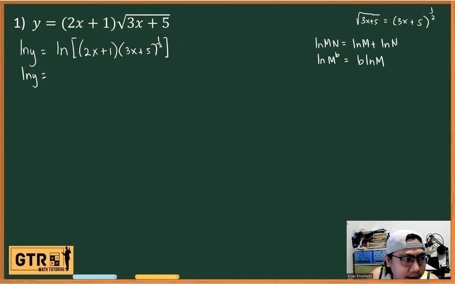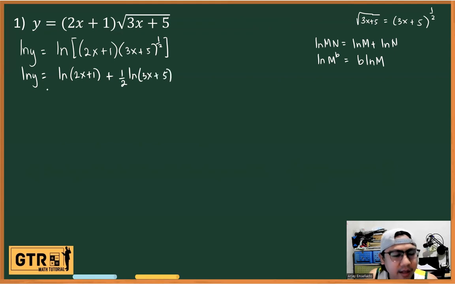And at the same time, let us apply this law, ln of m to the b, that is b times ln m. So therefore, this will be equal to ln of 2x plus 1 plus, put the exponent here, so we have 1/2 ln of 3x plus 5.